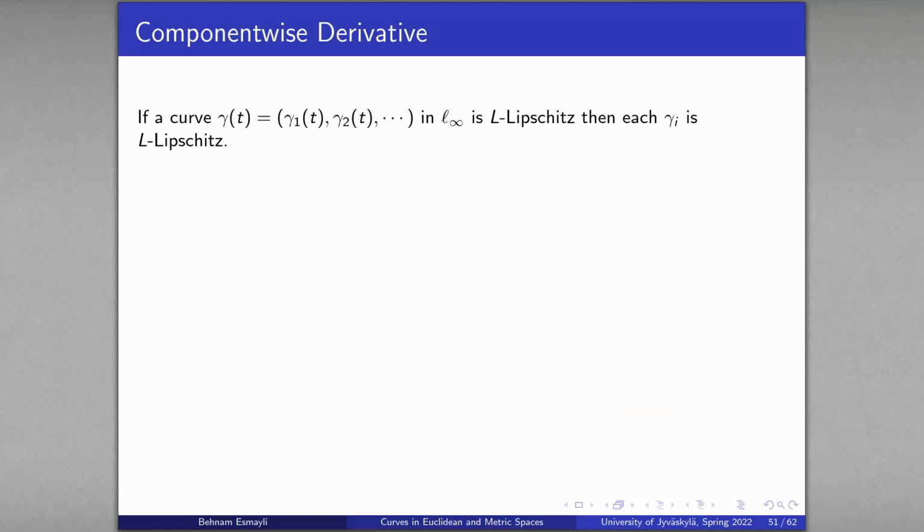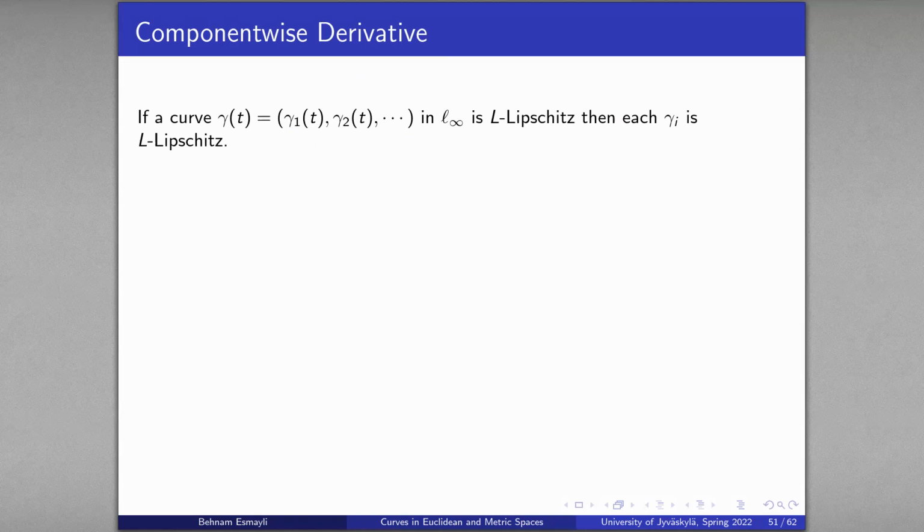The point is that if we start with a Lipschitz curve into L infinity, and these are the components of that curve, then for every t, gamma(t) belongs to L infinity, so it's a bunch of real numbers, a real sequence, and then we give them names. This is just naming.